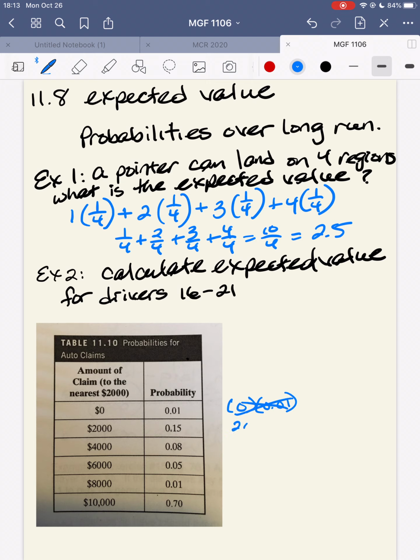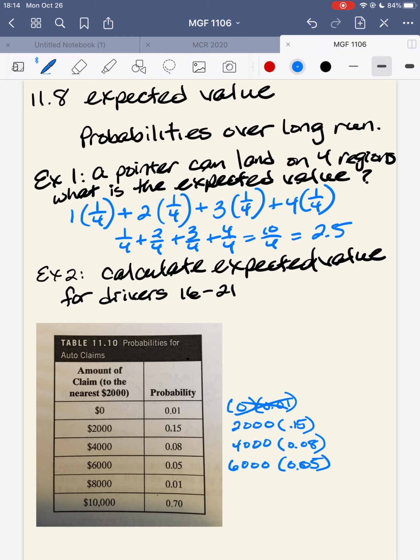I have 2,000 times 15 cents. 4,000 times 8 cents. 6,000 times 5 cents. These are actually in money form, or probability.